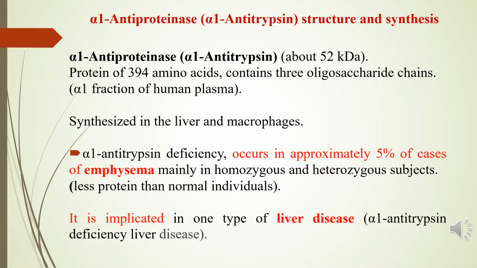This protein constitutes the major component, more than 90% of the alpha-1 fraction of human plasma. It is synthesized by hepatocytes and macrophages and is the principal serine protease inhibitor of human plasma.